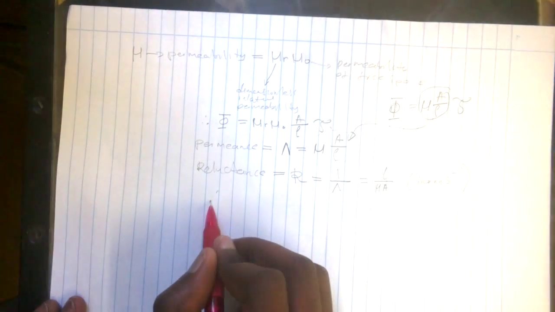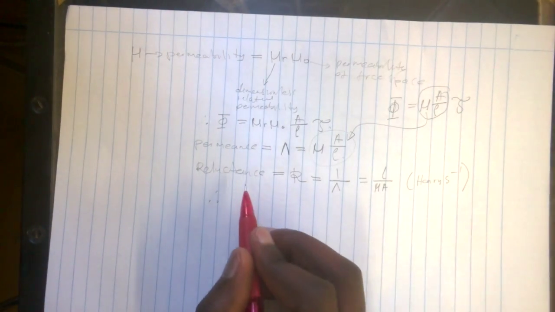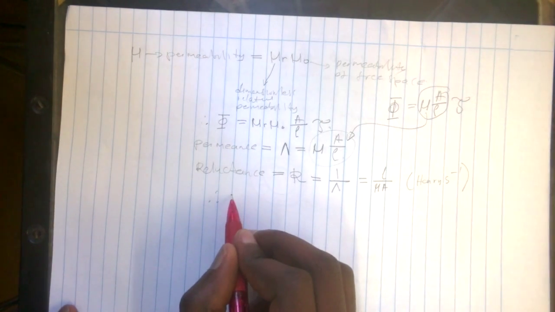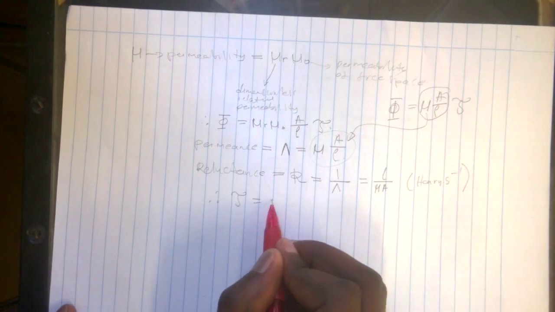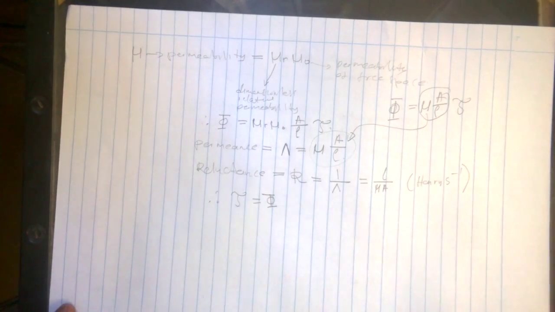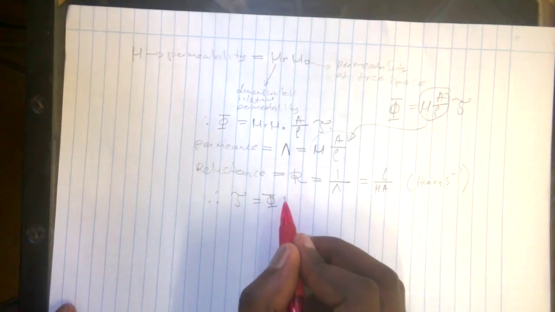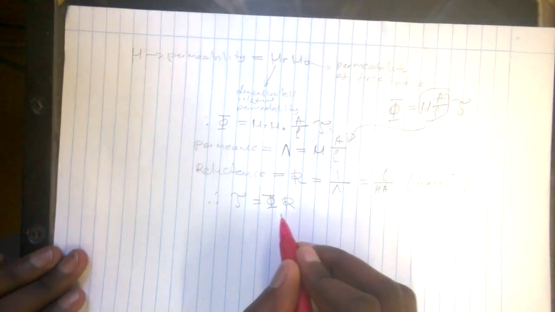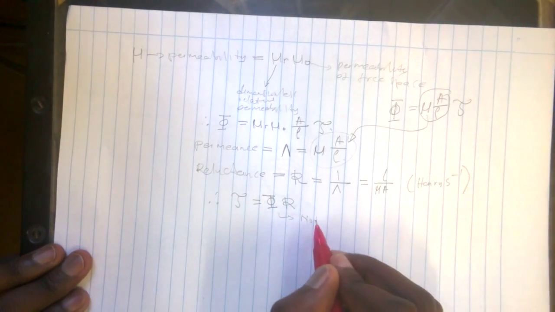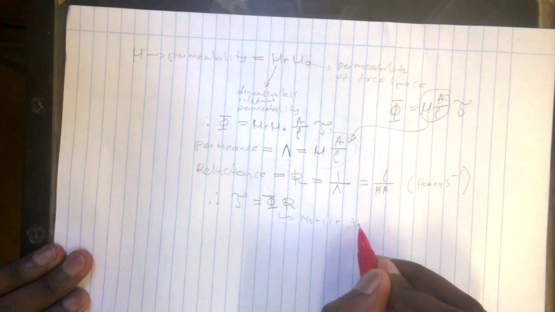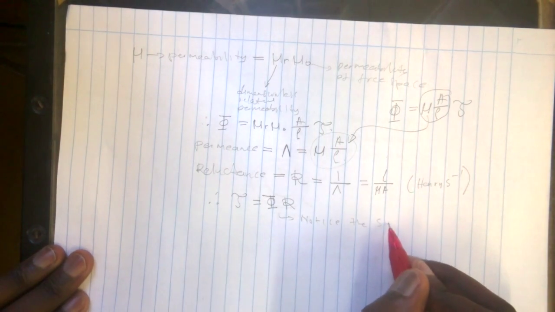Therefore, we can say that magnetomotive force equals magnetic flux times reluctance. You must also notice the similarities with Ohm's law.